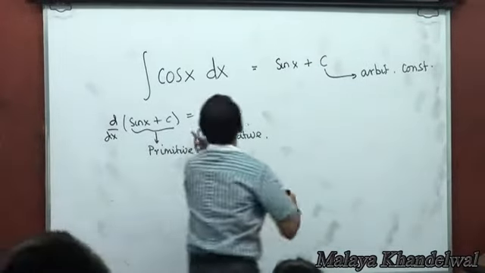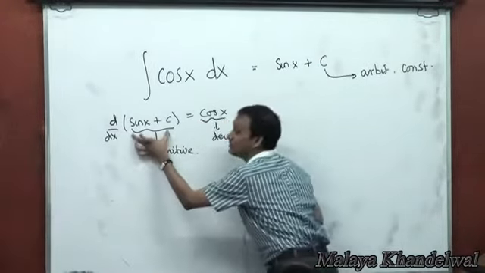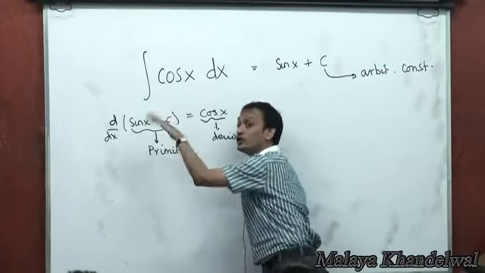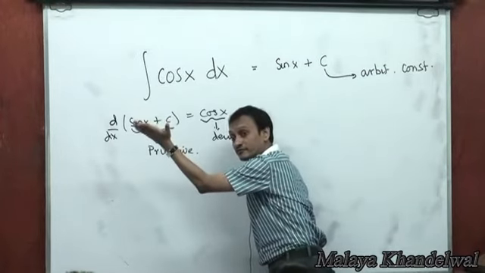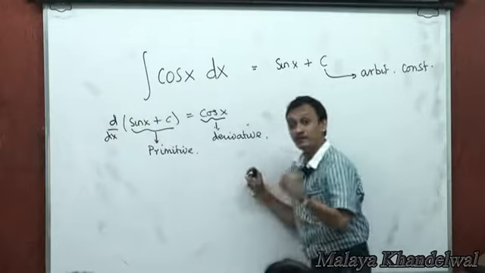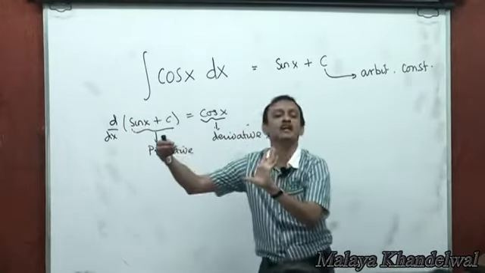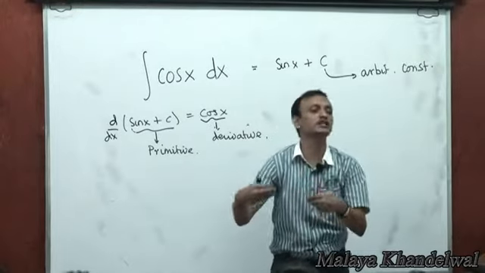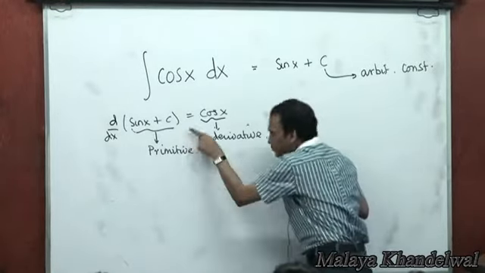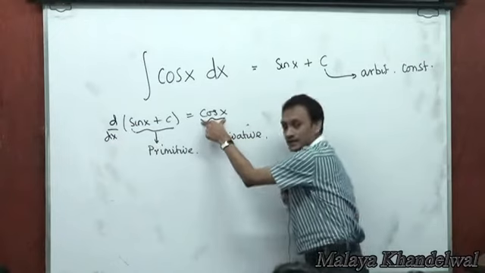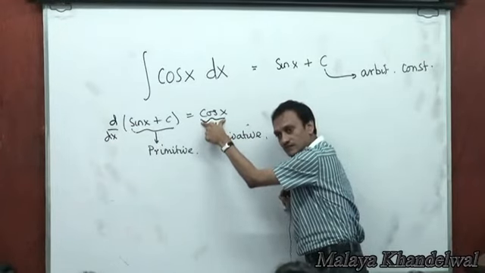In integration, you are given the derivative and there is an inquiry about the primitive. In differentiation, you are given a function, the primitive, and you differentiate that; the output is the derivative.